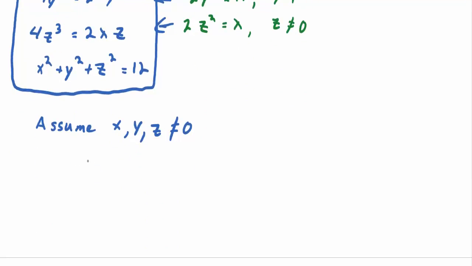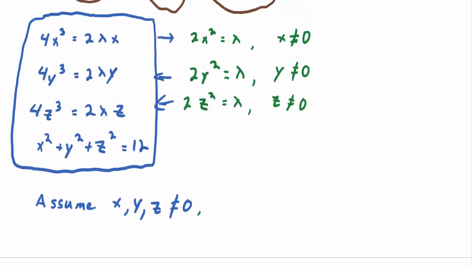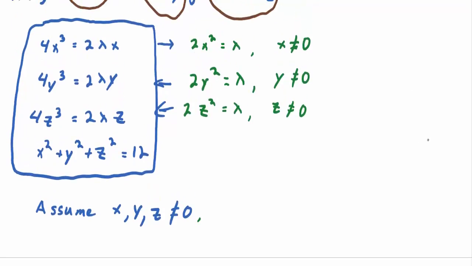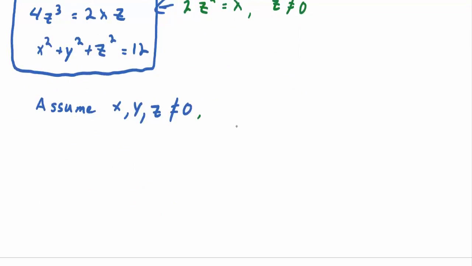So that means this equation here means that x squared equals lambda over 2, right? Well, let's put it all at once. Aren't all of them equal to lambda over 2? x squared equals y squared equals z squared, which is lambda over 2. So what can we do from here?